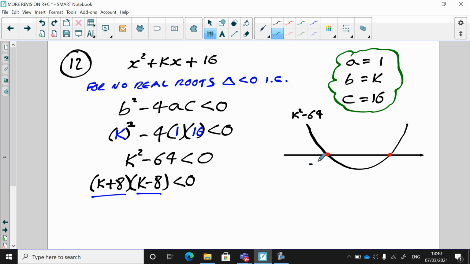Okay, so we've got negative 8 and positive 8. That's the k-axis. But they're asking the question, where is k squared minus 64 less than 0? Which parts of the parabola are below the k-axis? That's what they're asking here.